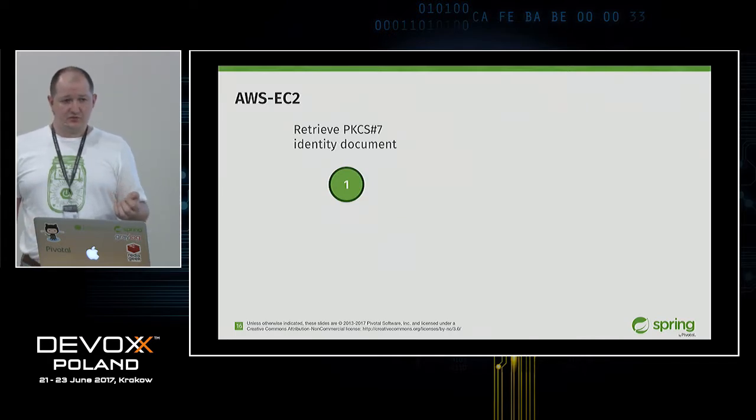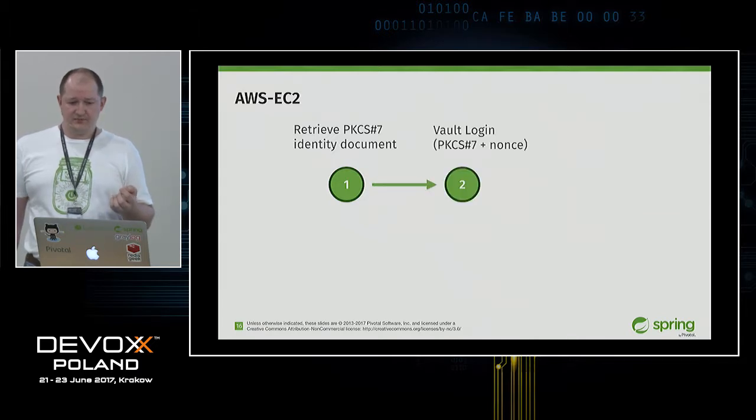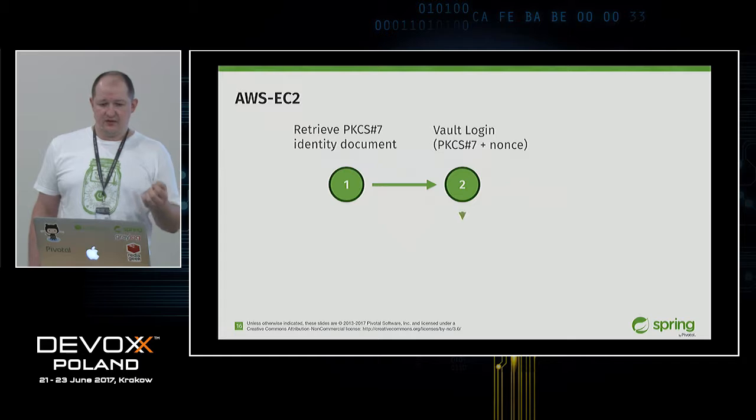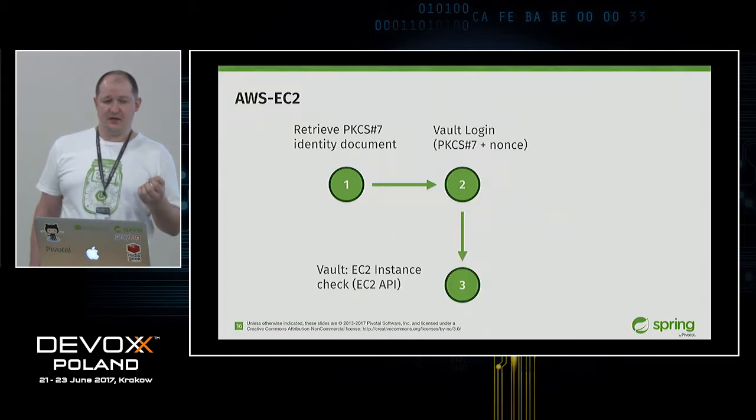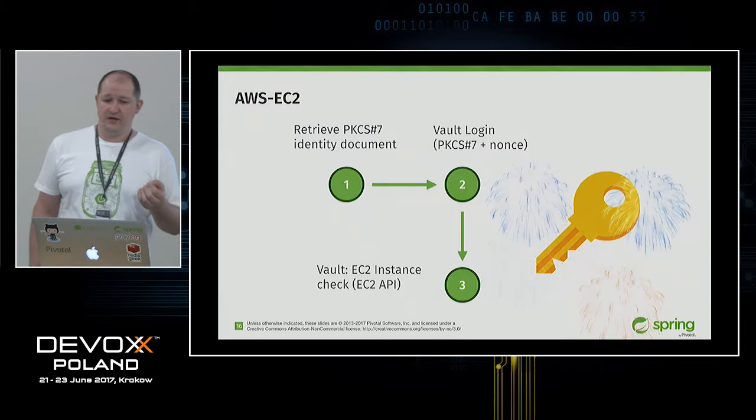So as an application, you retrieve that metadata, you post that to Vault, and Vault then goes to the AWS API, checks whether the instance is running, whether you're authorized to do so, and after that, it gives you a token back.